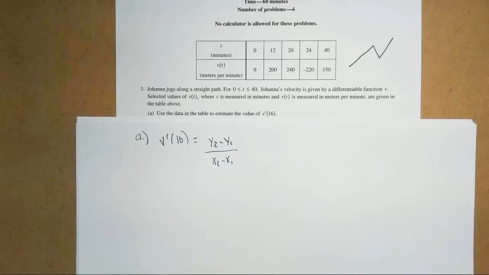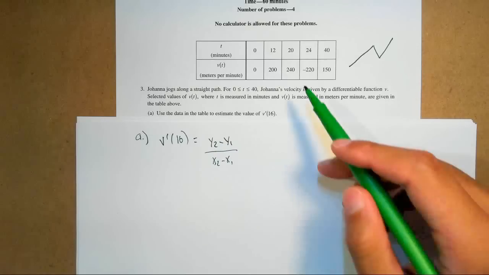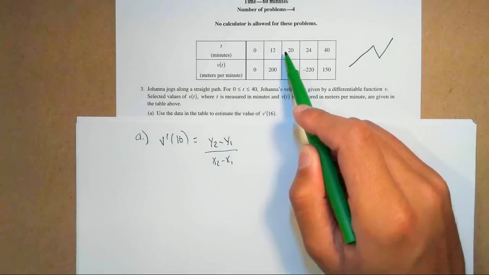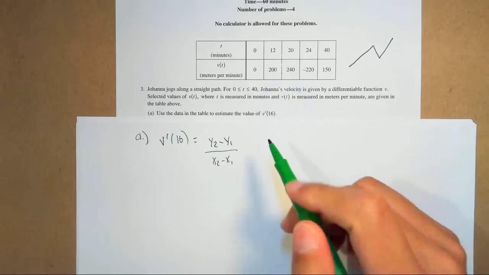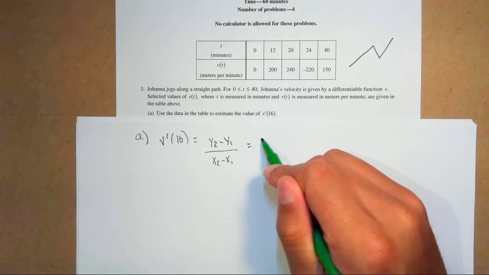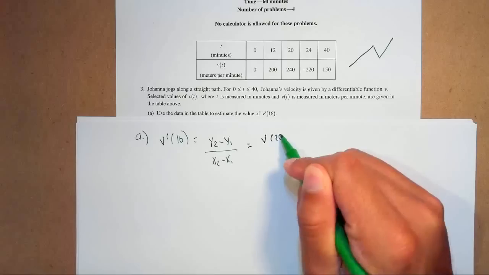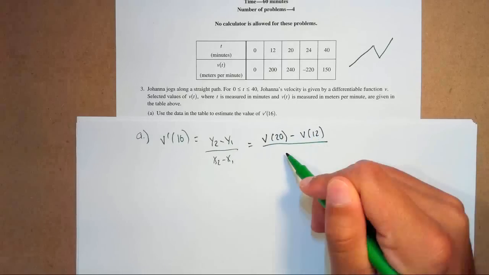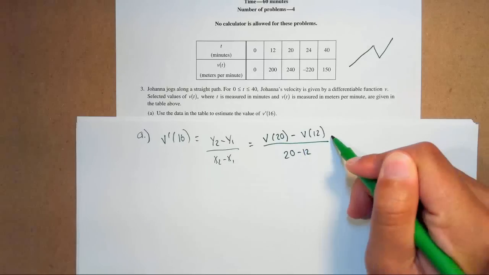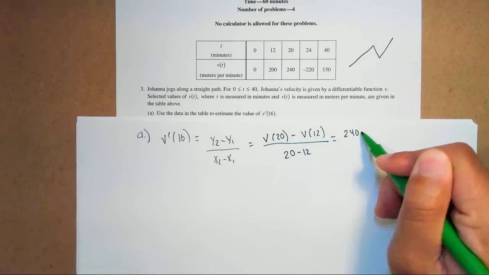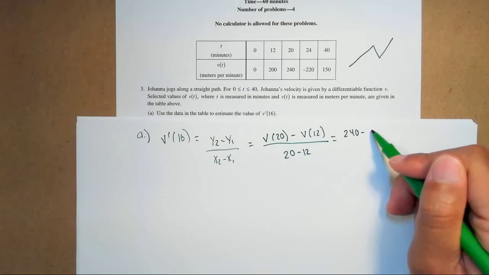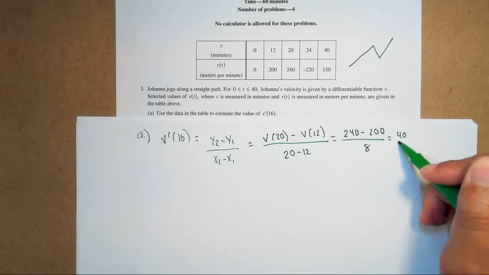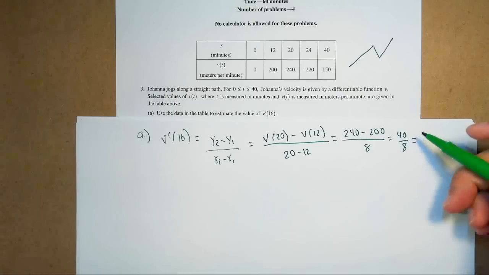Well, in this case, where is 16? If you notice, 16 is right between 12 and 20. Because of that, you're going to find the slope of the velocity. So this is how you plug this in: v of 20 minus v of 12 over 20 minus 12. So 240 minus 200 over 8, 40 over 8, which gives us a value of 5.